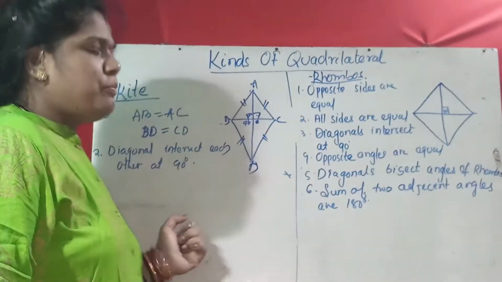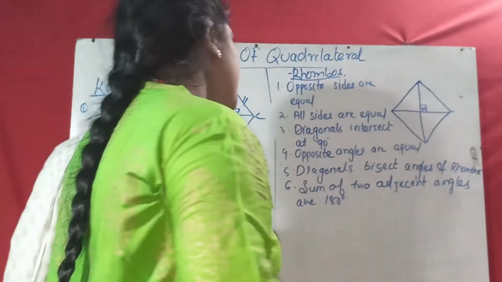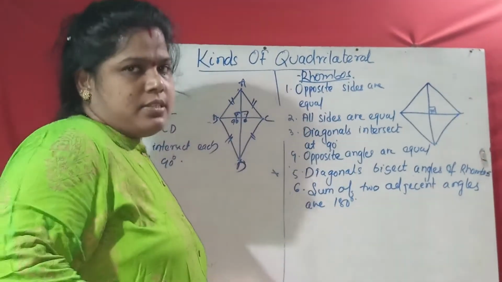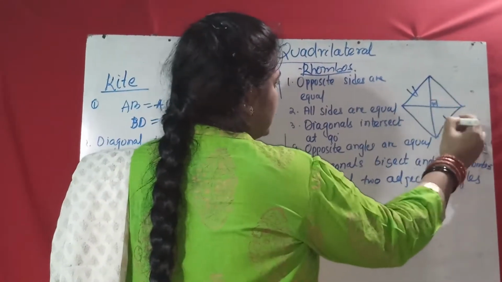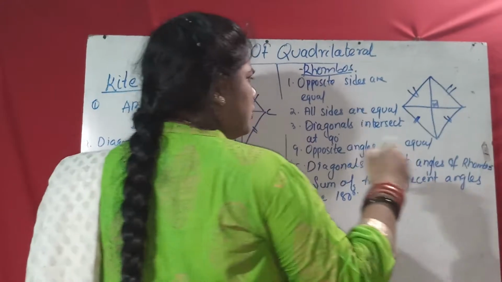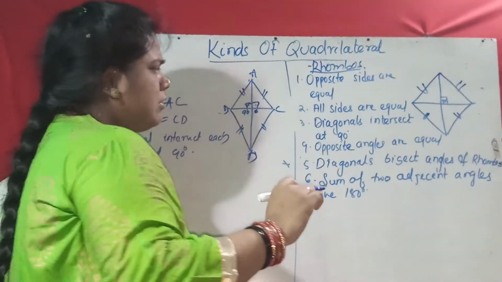Then another is the rhombus. What is a rhombus? In a rhombus all sides are equal, and opposite sides are parallel. With vertices A, B, C, D, opposite sides parallel means AB is parallel to CD, and AD is parallel to BC.